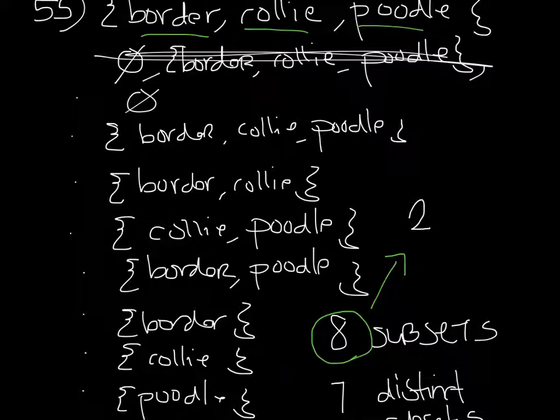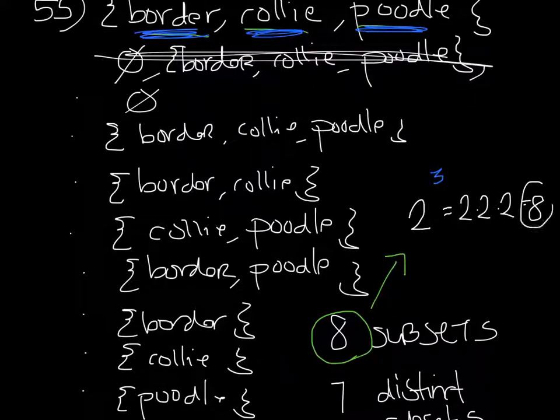And let me make that blue. These are the elements, right? So 2 to the 3rd power, because there are 3 elements, border, collie and poodle, and 2 cubed, if you multiply that out, is 2 times 2 times 2, which is 8. Okay, and that's how we got this 8.